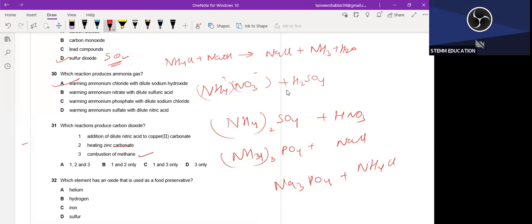If I have ZnCO3, it gives zinc oxide and carbon dioxide, so this will also produce carbon dioxide. And adding dilute nitric acid to copper carbonate, CuCO3 reacting with HNO3, so what will be the product?